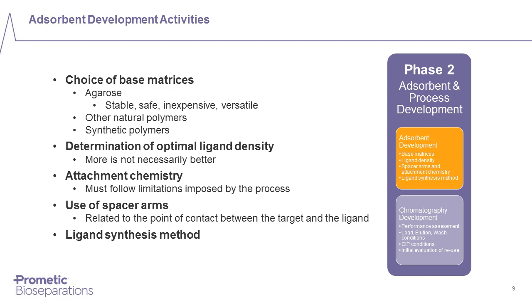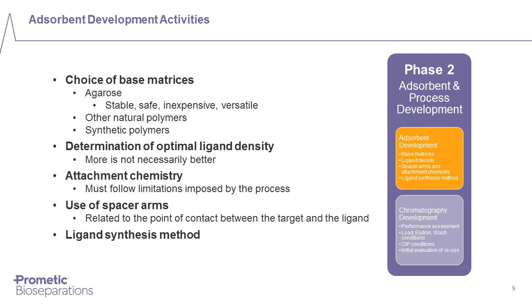So this essentially makes phase 1 a bit more flexible and it can be started maybe earlier in the process than you would be ready to engage on a proper development program with Prometic. But once you find something and we do the verification of chromatography and we're all happy with the preliminary results, then we move on to phase 2, which is the adsorbent and process development.